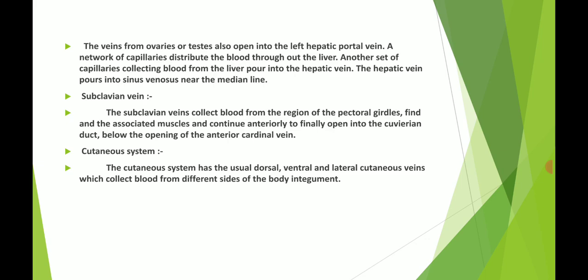Then the cutaneous system. The cutaneous system has the usual dorsal, ventral as well as lateral cutaneous veins, which collect blood from different sides of the body integument. Here, the cutaneous system consists of the dorsal, ventral and lateral cutaneous veins, present in the dorsal, ventral as well as the lateral sides of the fish, and they collect their blood from the different sides of the body integument.